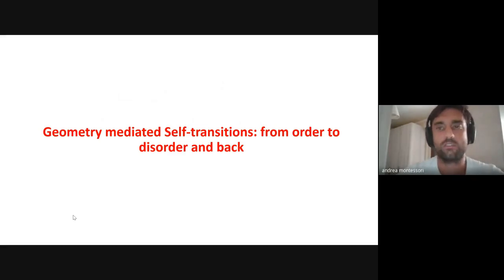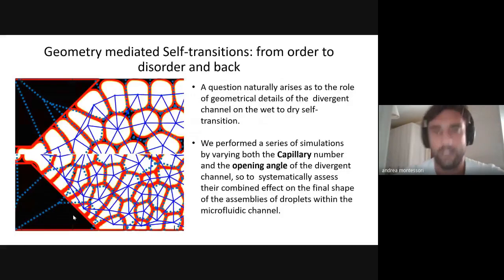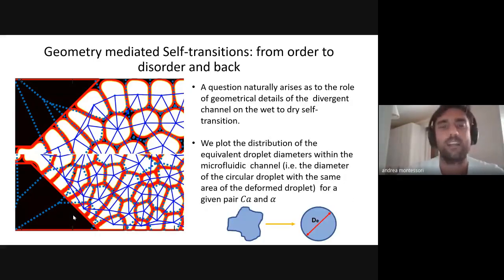So a question which arises: what is the role of the geometrical details on the wet to dry foam transition? In order to answer this, we performed a series of simulations varying the capillary number and the opening angle of the divergent channel. We plot the distribution of the equivalent droplet diameters within the channel for each given pair of inlet capillary number and aperture angle.